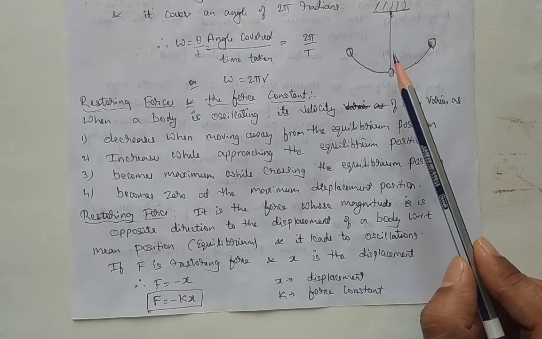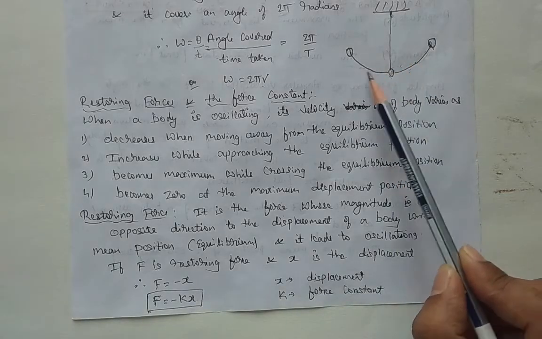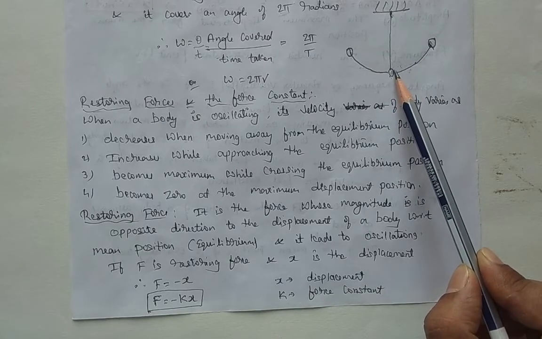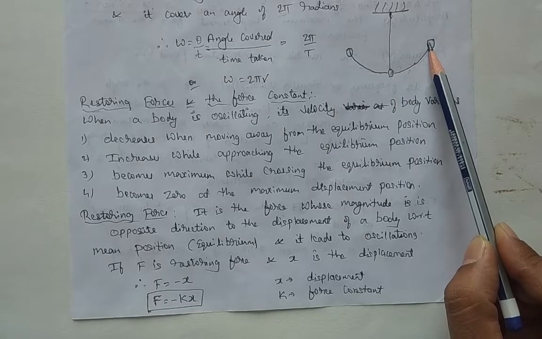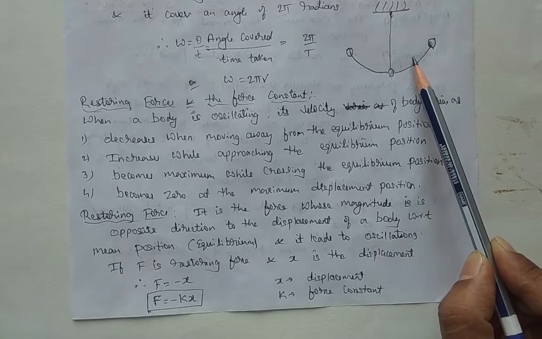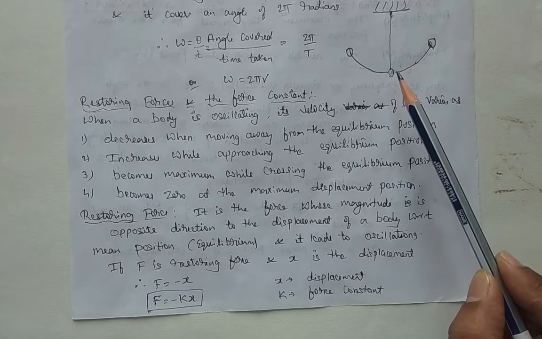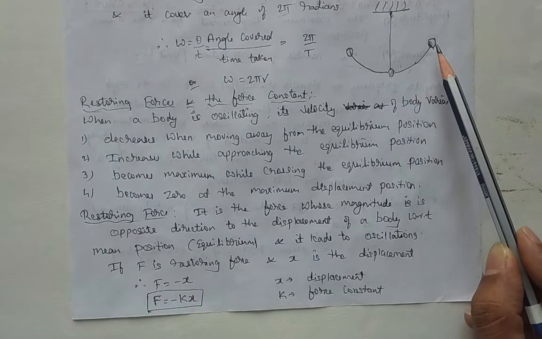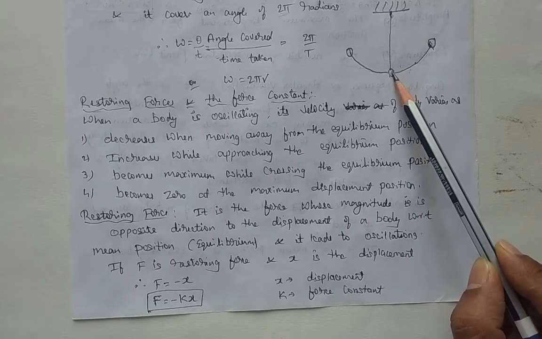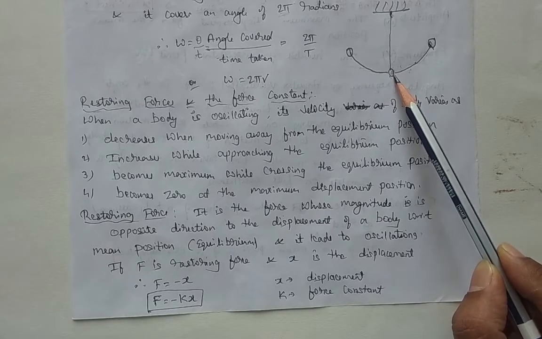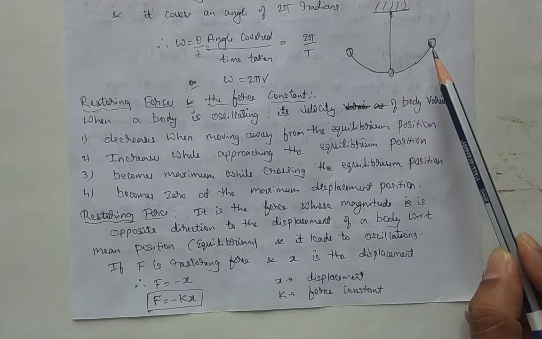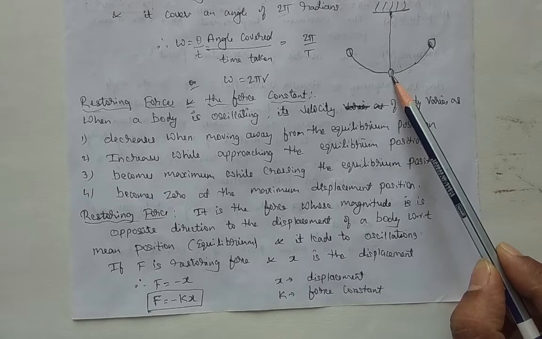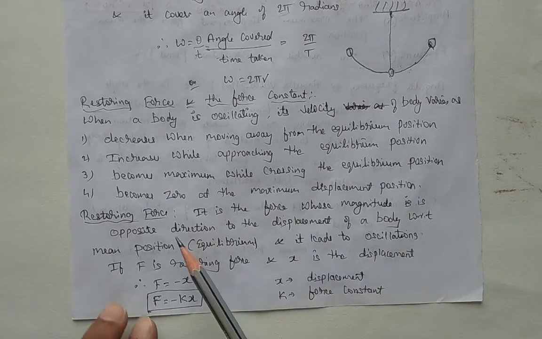Whenever the simple pendulum is oscillating and moving from the mean position towards the maximum, there is always an opposing force. That force we call the restoring force. That restoring force keeps the body getting back to the equilibrium position. This is the force which is generated when the body is set into oscillation, such that it tries to get the body back to the equilibrium position. That is the restoring.